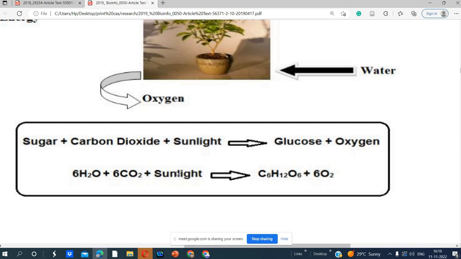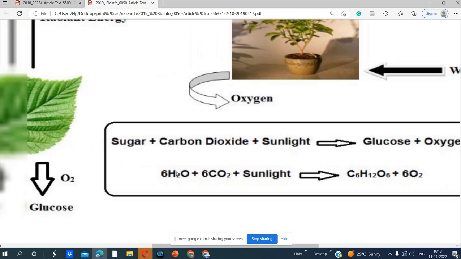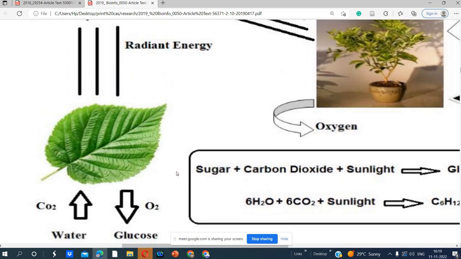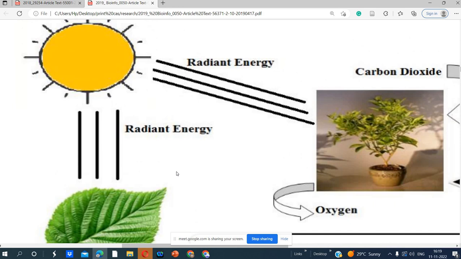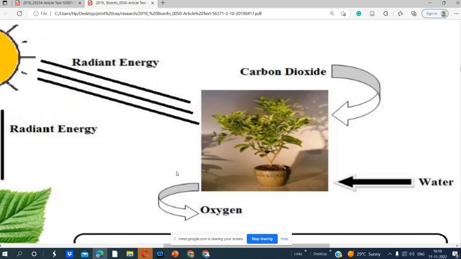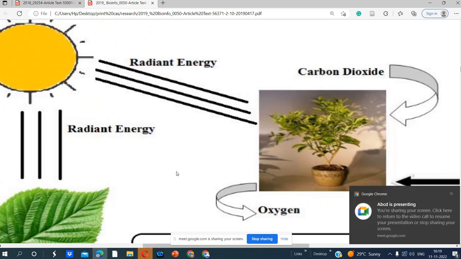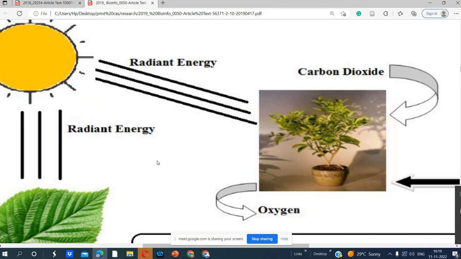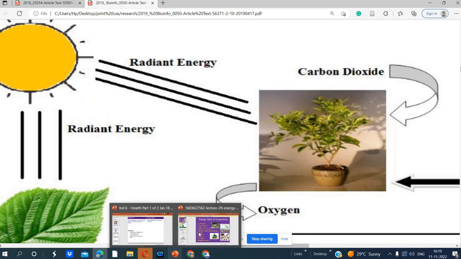So the plant needs the help of water also. Water is extracted from the soil, and with the help of the soil the plant also absorbs nutrients. Here in the figure it is clear that energy is transferred from the sun to plants, and food is synthesized. The reaction is known as photosynthesis.